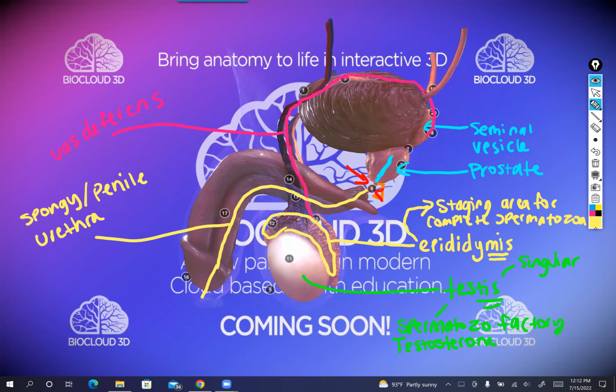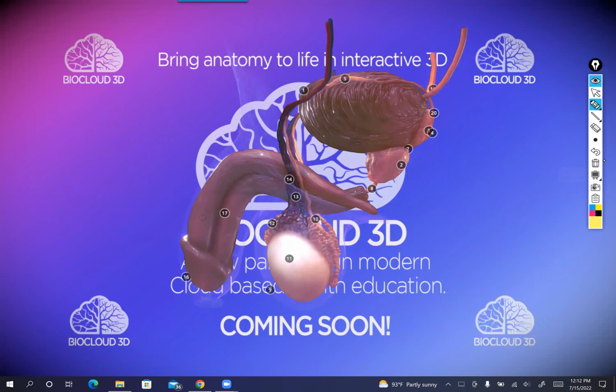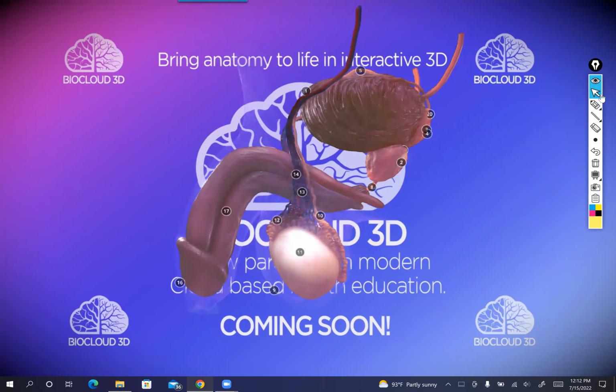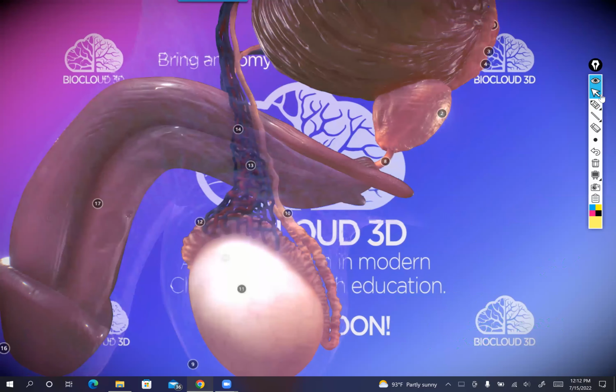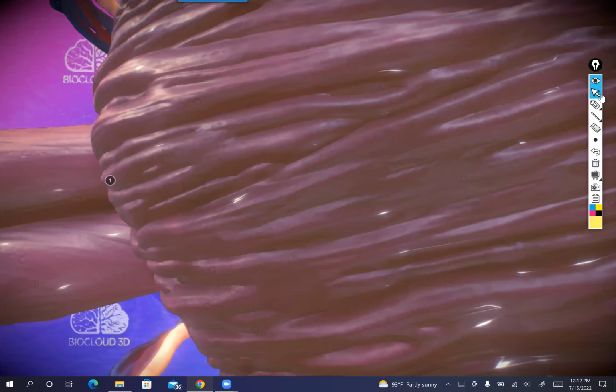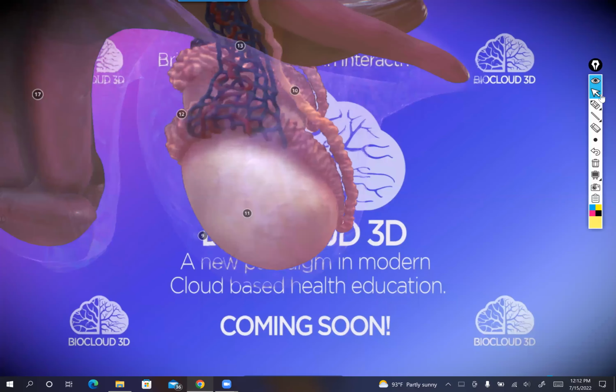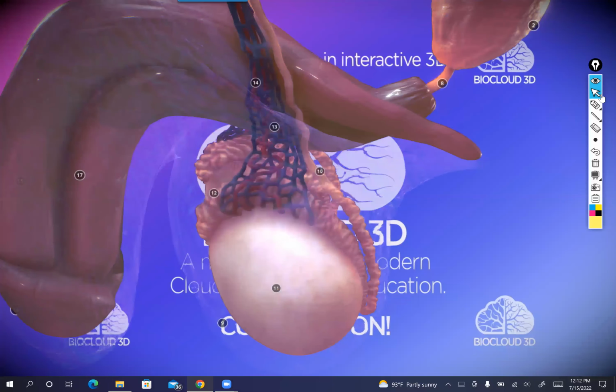So I'm going to actually zoom in on the epididymis and the testis real quick here so I can point out some features of them. Oh no. Oh geez. I want to move this downward. There we go. Okay.